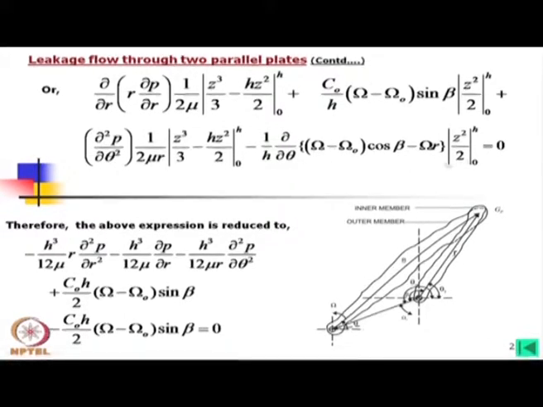So, substituting this condition here, we find that ultimately this equation will be reduced to this, and this part will be C 0 h by 2 omega omega 0 by sin beta, and this will also become a sin beta, if you put that condition. Somehow this is missing here. Anyway, we will arrive at this equation. What we find directly is that this and this will cancel out. So, this part will become 0.